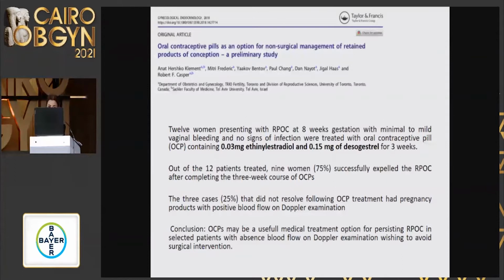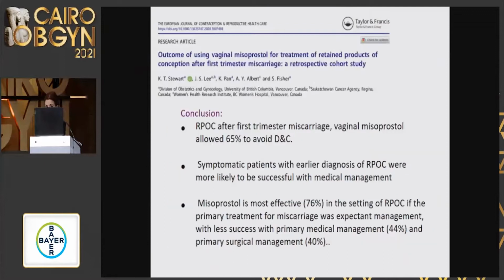In 3 cases it did not resolve, so the study concluded that we can propose the medical treatment to women who don't want to be exposed to surgical therapy.